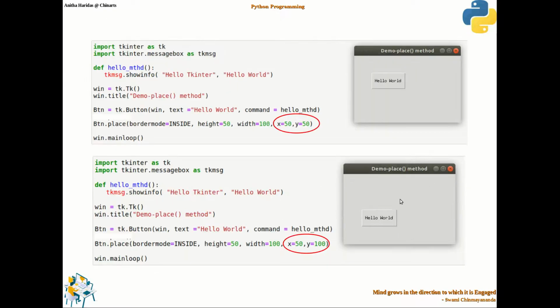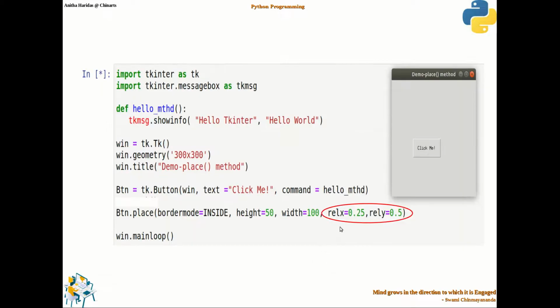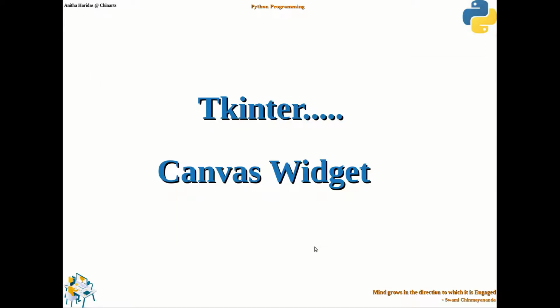Whereas here the widget position will never be adjusted because it specifies the exact x-axis and y-axis position. But relative, based on the height and width of the window as well as the button, will relatively change the position of that particular widget.